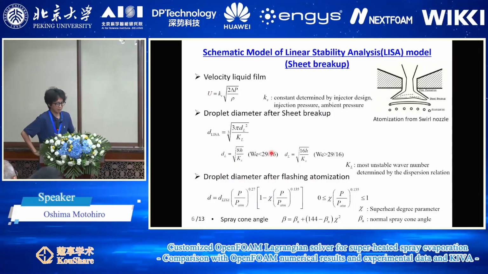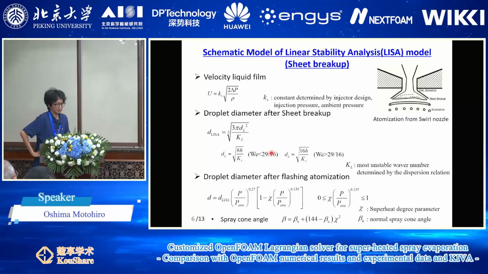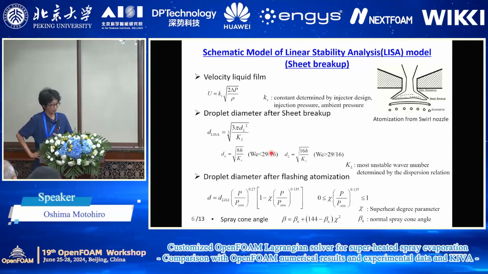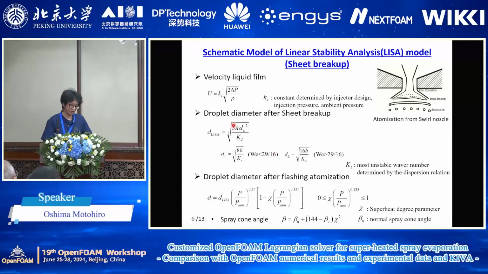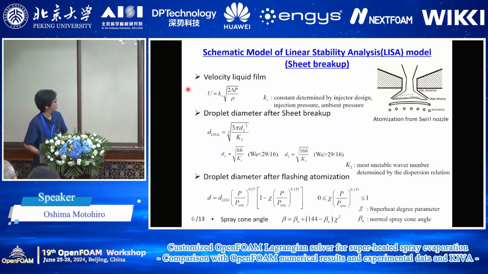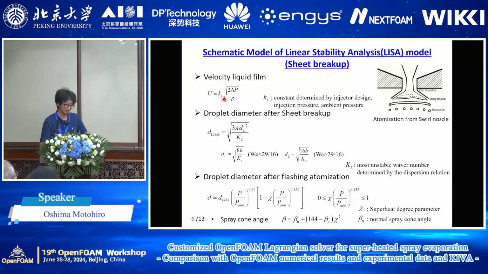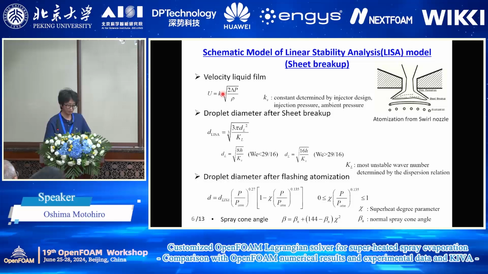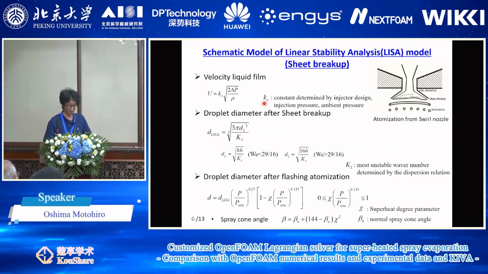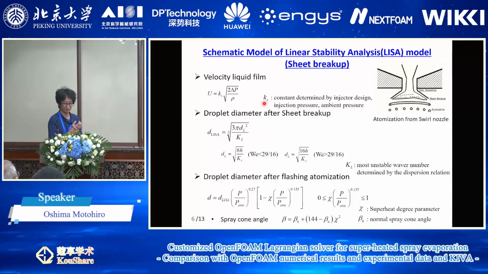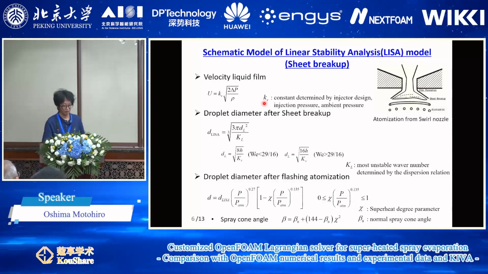Next, this slide is a schematic of the LISA model. In this model, the velocity of the liquid film is calculated using this equation. Kv is a constant determined by the injector design, the injection pressure and the ambient pressure.